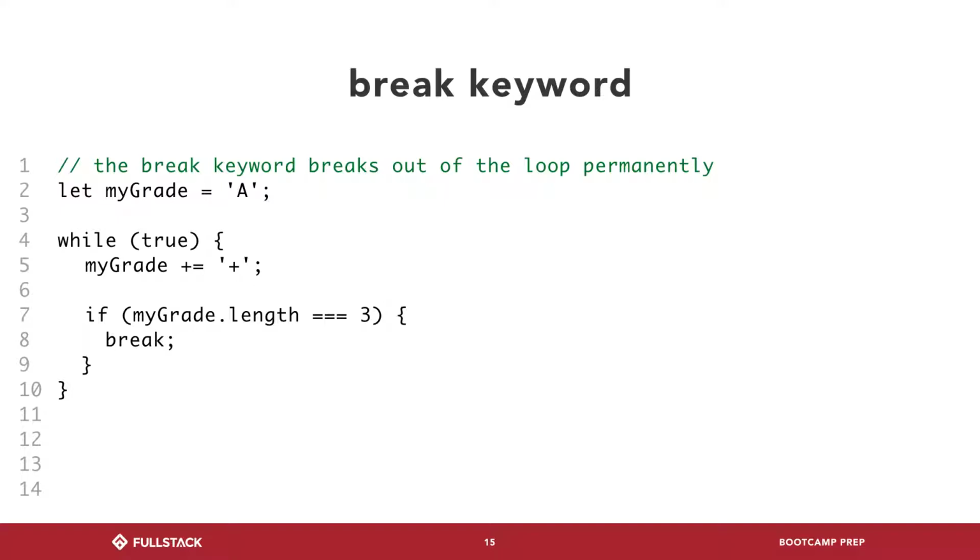If it's equal to 3, then we break. If not, we do this loop over and over again until migrate.length equals 3, which in this case is going to be A++. Once we get to A++, we say, okay, I've complimented myself enough, I can stop now, and I do break, and it will end this while loop entirely.